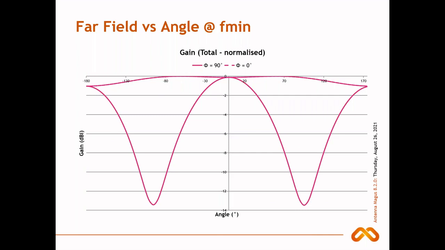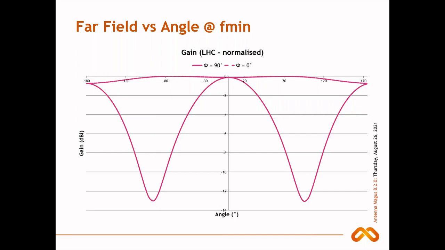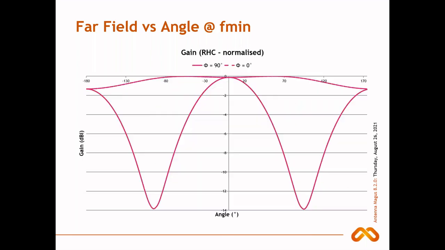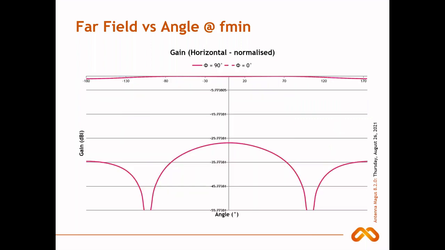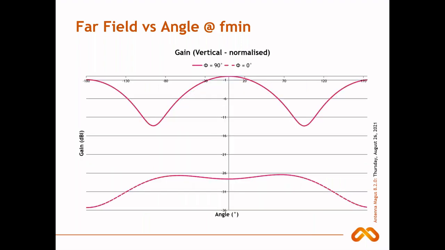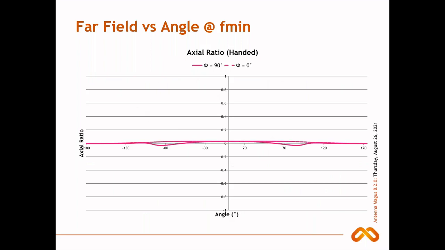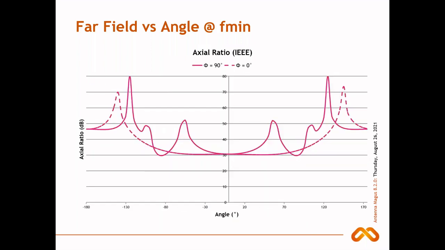So F minimum, gain total normalized in polar, left hand circular, gain normalized, polar, right hand circular, normalized in polar, horizontal, gain horizontal in polar, gain vertical, 2D, polar, axial ratio in IEEE format, axial ratio.